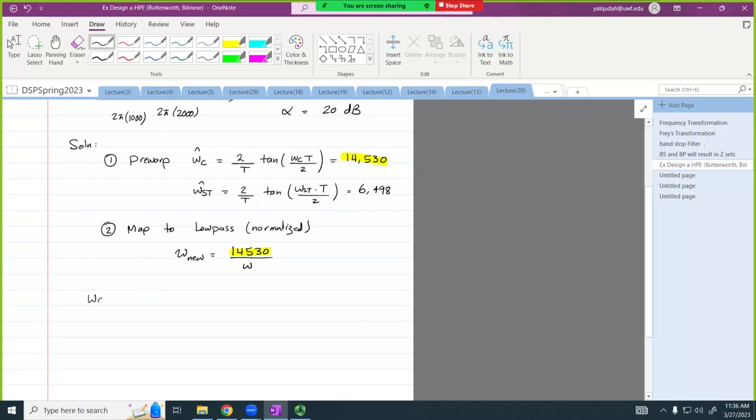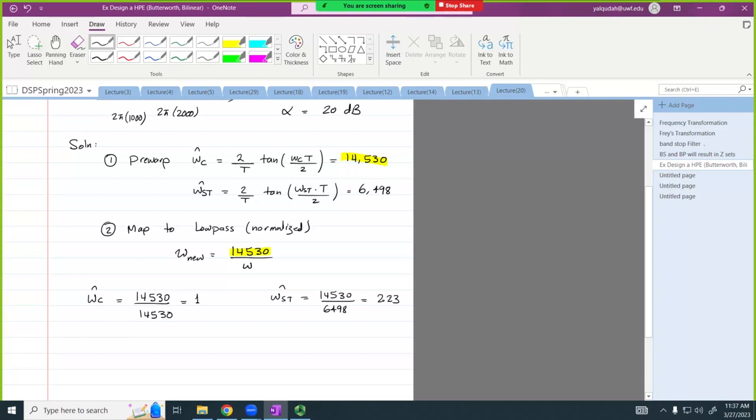Therefore, we're going to calculate omega c hat new, which is going to equal 14,530 divided by 14,530, which is going to equal just 1. And then we're going to calculate omega stop hat new, which is going to equal 14,530 divided by 6,498, which is going to equal 2.23.